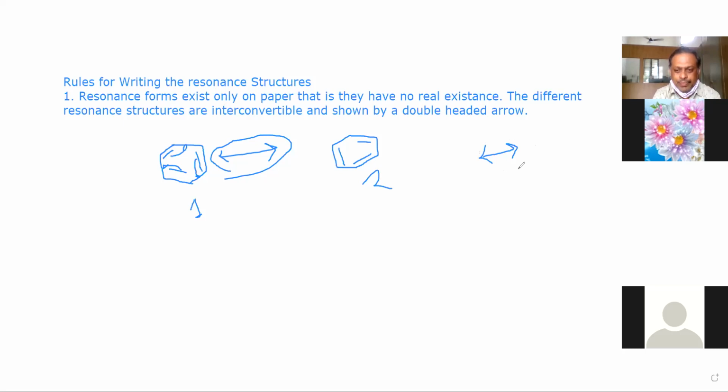Resonance forms exist only on paper, that is, they have no real existence. The resonance structures are interconvertible and shown by a double-headed arrow. पहिला रूल लक्षात आला. म्हणजे resonance हा हायपोथेटिकल फिनॉमिना आहे, तो ऍक्च्युअल मध्ये पॉसिबल नाही. आणि सिम्बॉल काय? डबल हेडेड एरो.